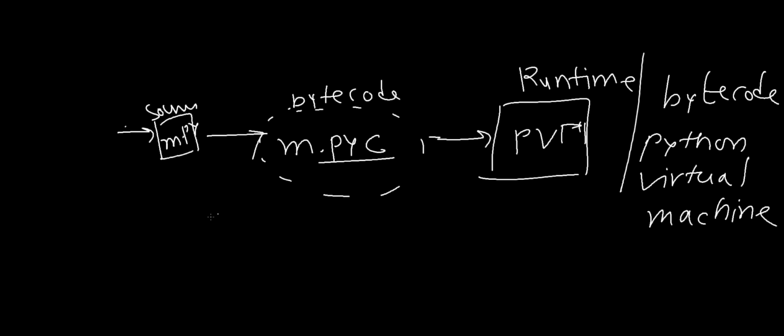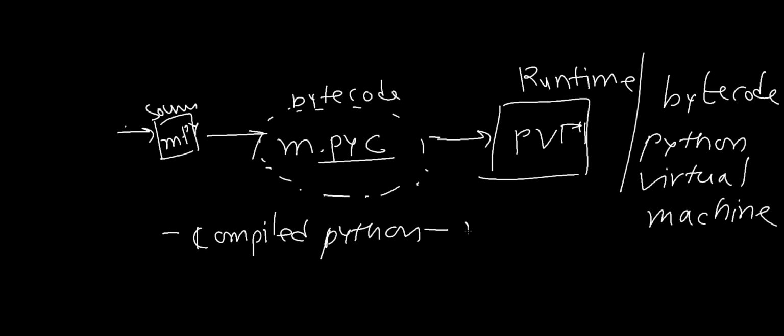That pyc extension means compiled Python. This bytecode is saved by the Python system on our machine, and if it is not saved, it is generated in memory, and this is given to the Python virtual machine.